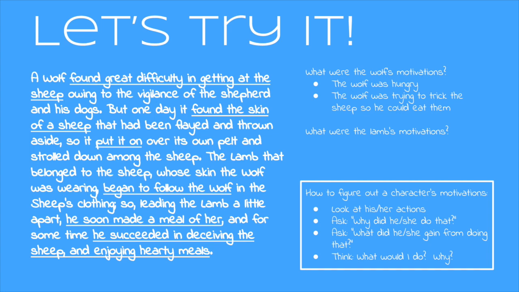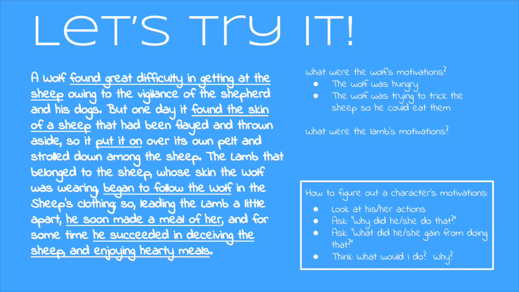Let's look again at that sentence. It says, the lamb that belonged to the sheep. What do you think it means to belong to the sheep? And what's the difference between a lamb and a sheep anyway? If you don't know, a lamb is just a baby sheep. So the lamb is a baby. The sheep, the clothing that the wolf was wearing, belonged to whoever the lamb belonged to.